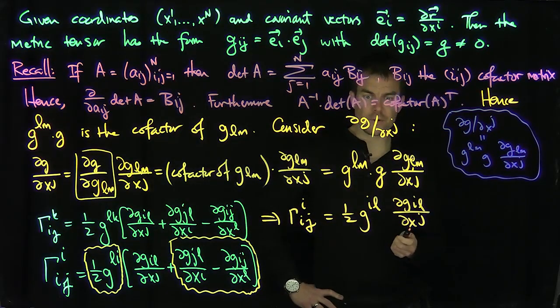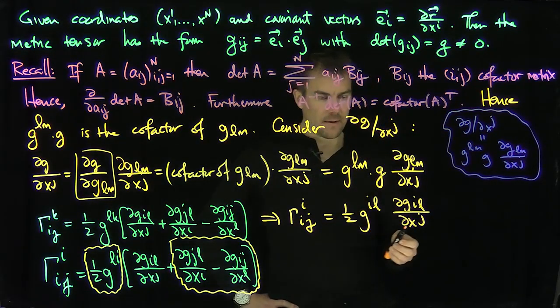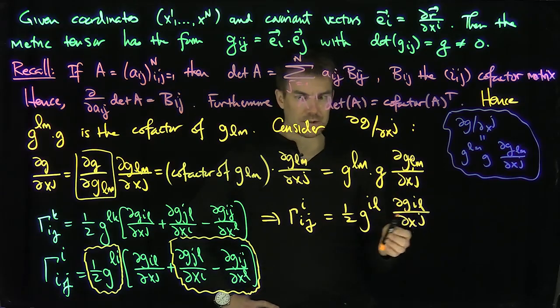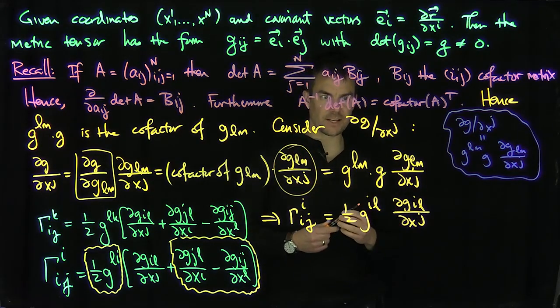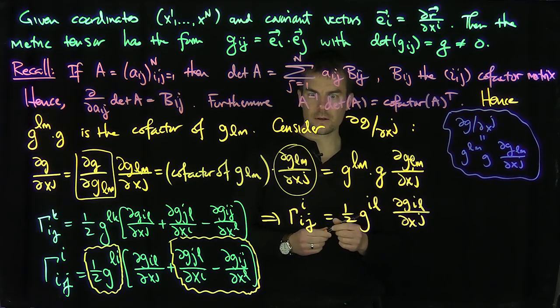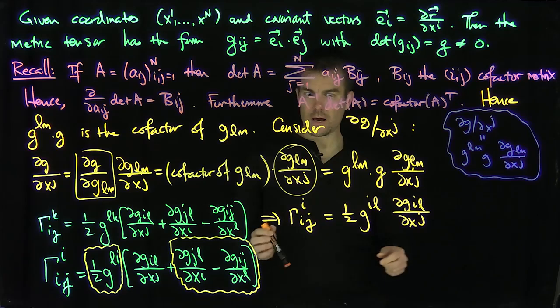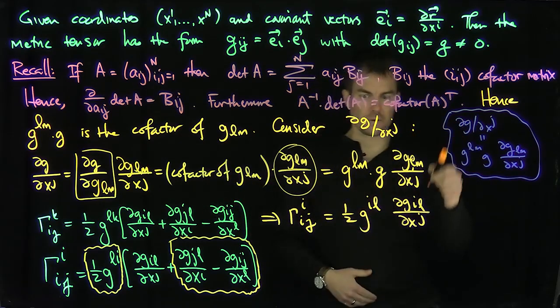Okay, but now what do I see over here? Let's try to update the indices and see if we get the right form, and this is going to be perfect. Let's use this formula over here.